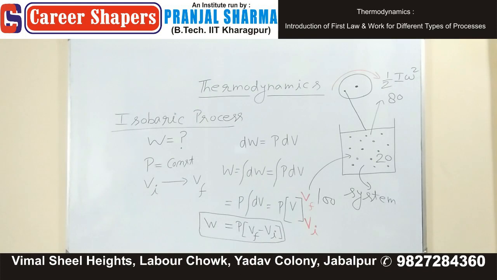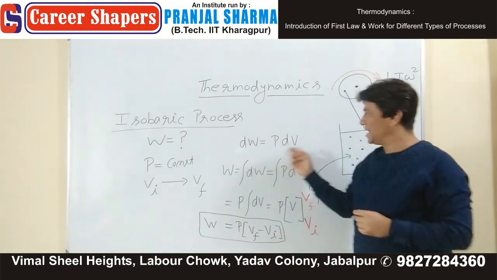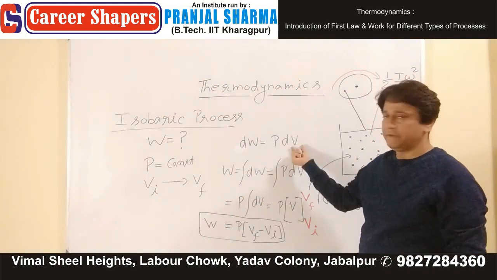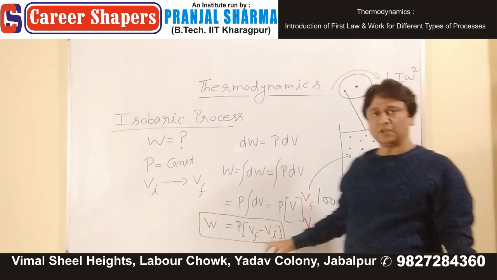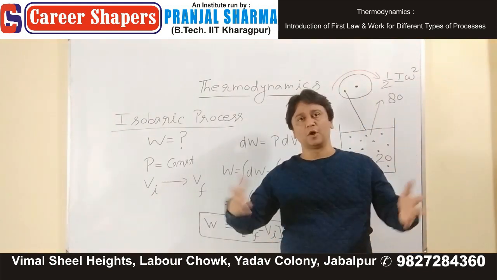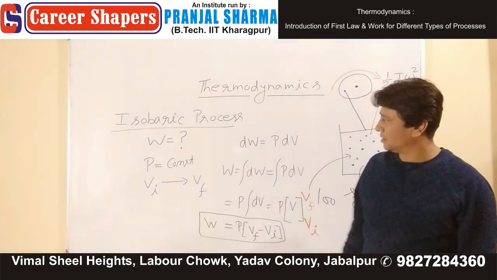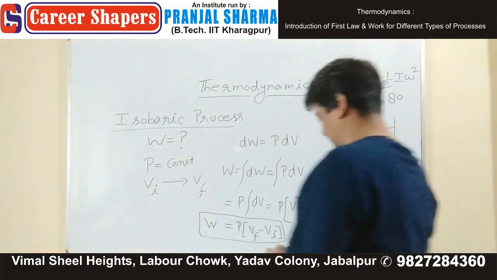So those who have written dV, remember, you left it only as P dV. What is dV? Small change. What is V final minus V initial? Any type of change, small or large. Now let's see who will answer this.